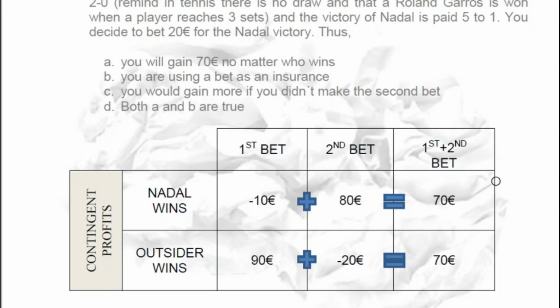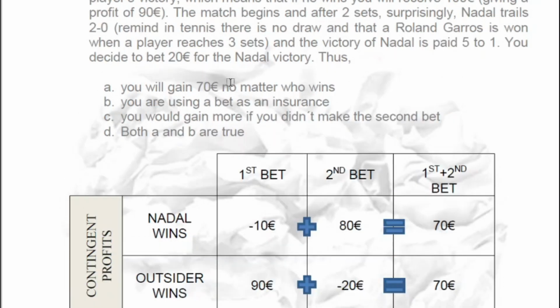I explained this in class because I think it's a very beautiful conclusion we can take from this Unit 6 to use in our lives, to use in investment, and so on. So you will win 70 euros no matter who wins.